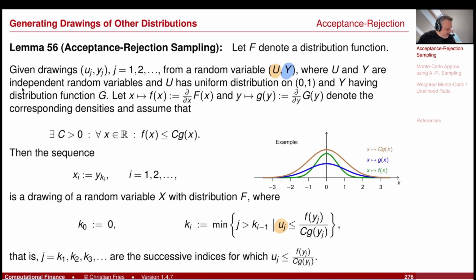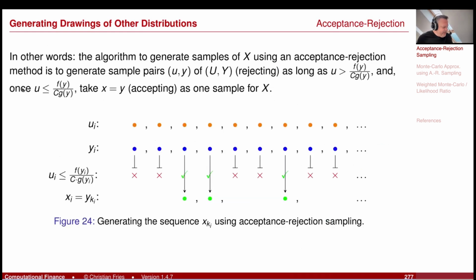Is your sample of U smaller than the density F applied to Y divided by C times the density G applied to Y, where G is the density associated with the sequence Yj. So Y is G distributed. And F is the density of the sequence that you would like to generate. So that is my sequence X. When this criterion is fulfilled, you accept the point, and this gives you a sample point X. Otherwise, you reject the point.